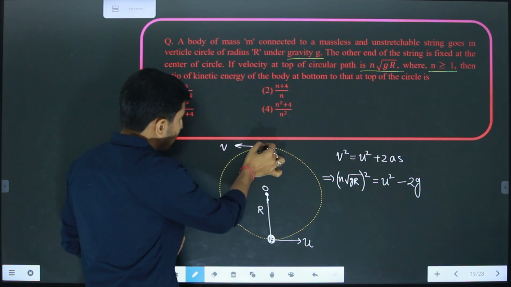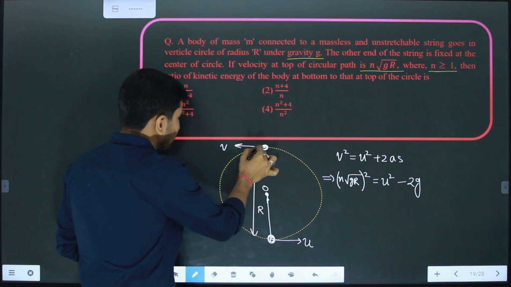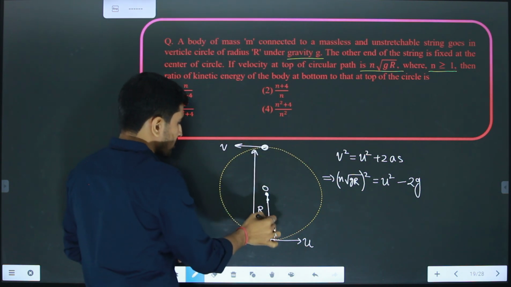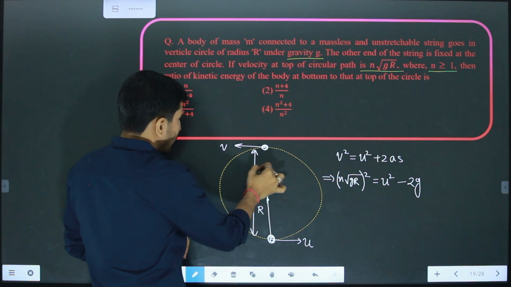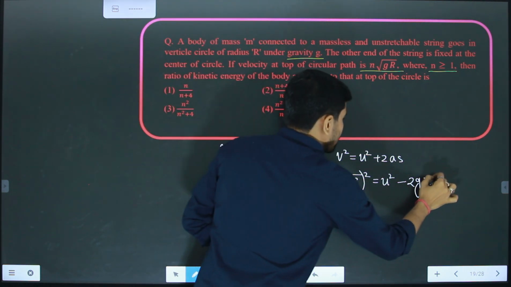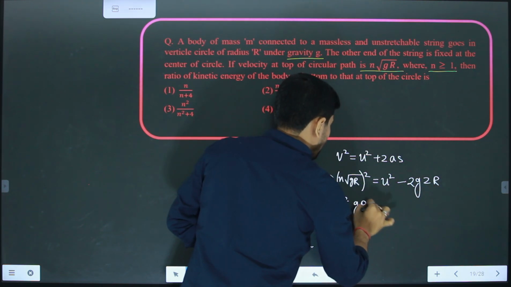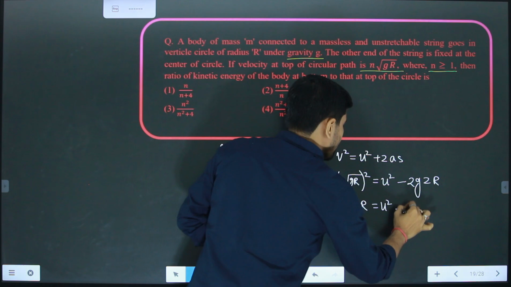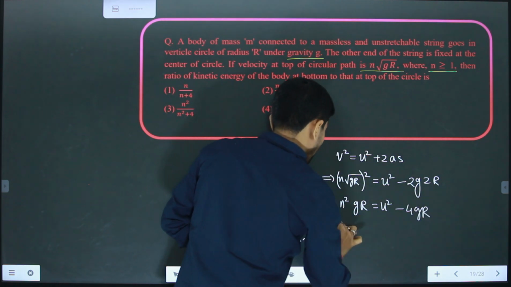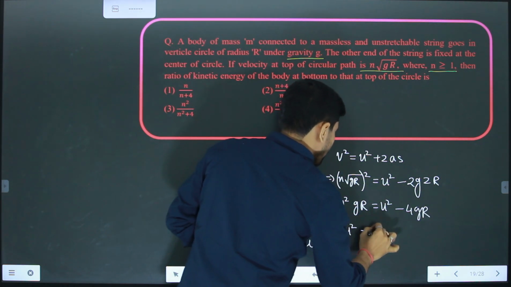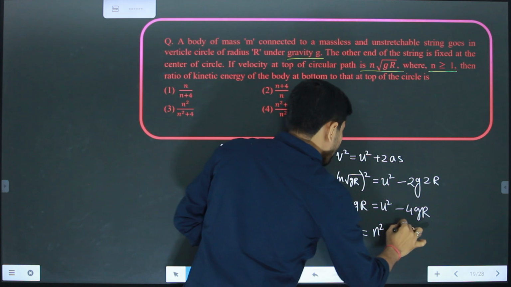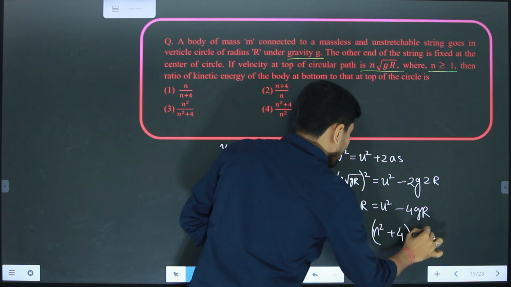So from this point till this point, what is the displacement? Body is going up, displacement is plus, right? So this displacement will be equal to 2r. So this is n square gr equal to u square minus 4gr. Alright. So u square will be equal to n square plus 4 multiplied by gr.